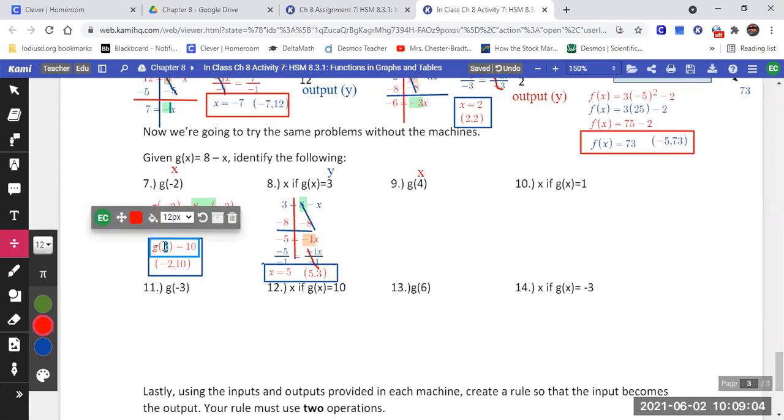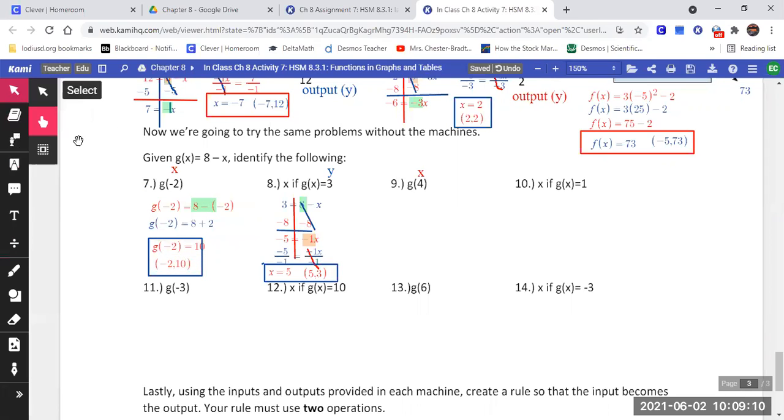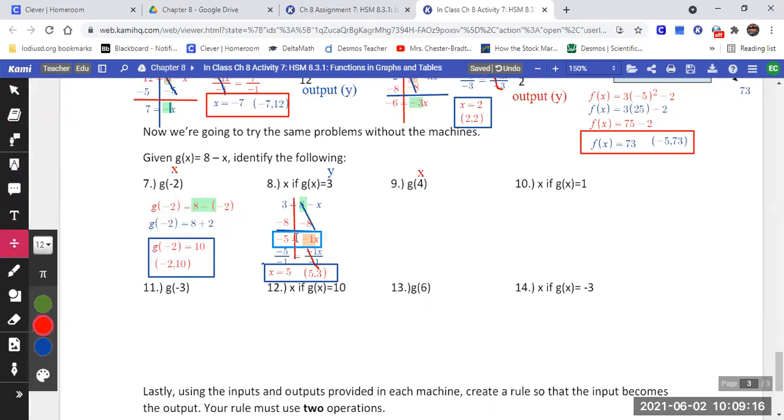So if they give us an x, we tell them with our work what it was that we were replacing. Okay, so this one's going to have that same thing happen. I'm going to have a g of 4 equaling 8 minus 4, because I replaced the x in my g of x with a 4.